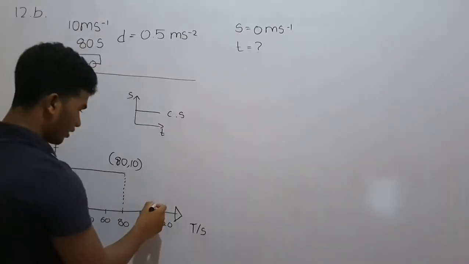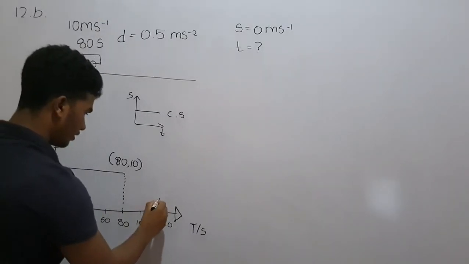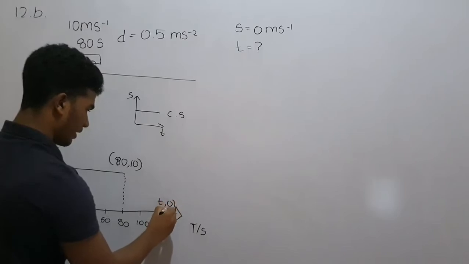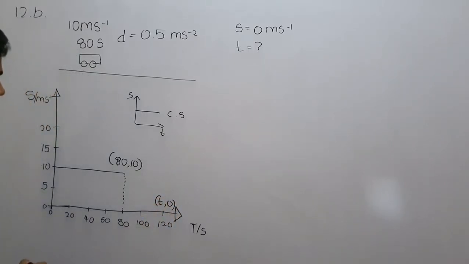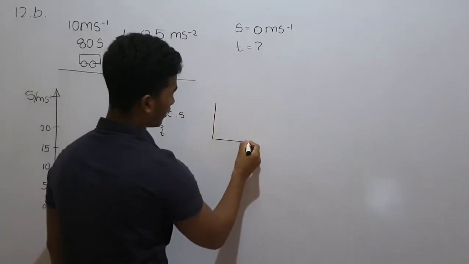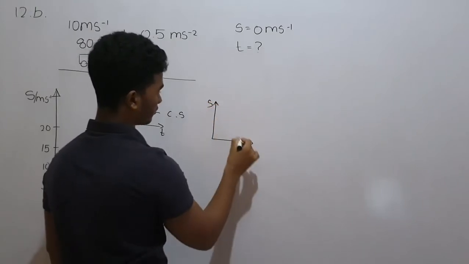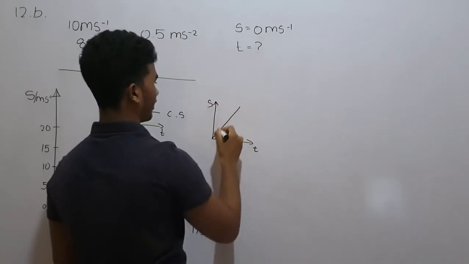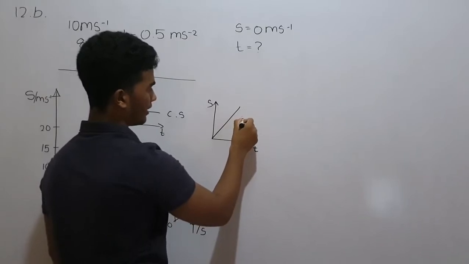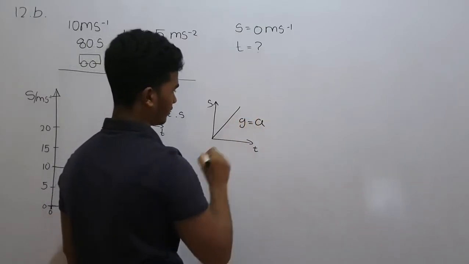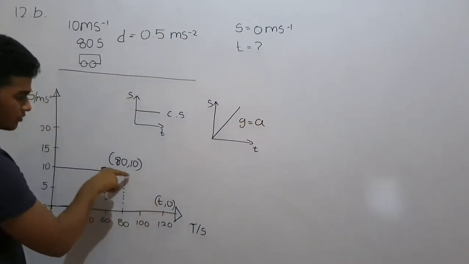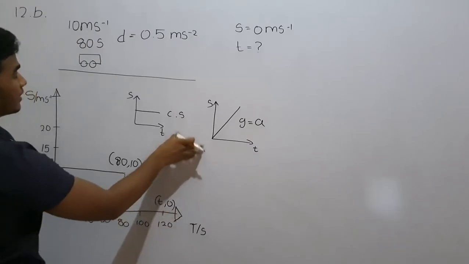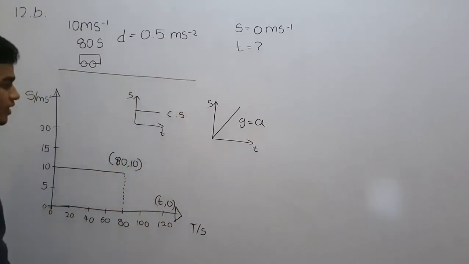So we'll take t, 0 as our second point. All of you know, in a speed time graph, in the straight line, the gradient is equal to the acceleration. So we'll find the time using this gradient and equating it to 0.5.